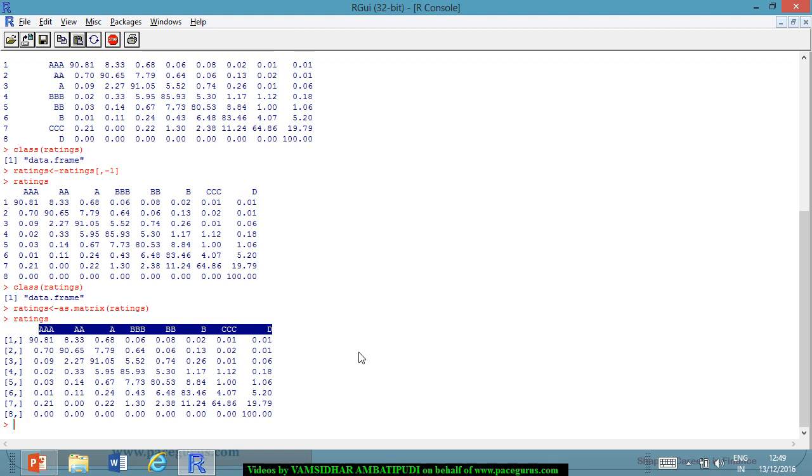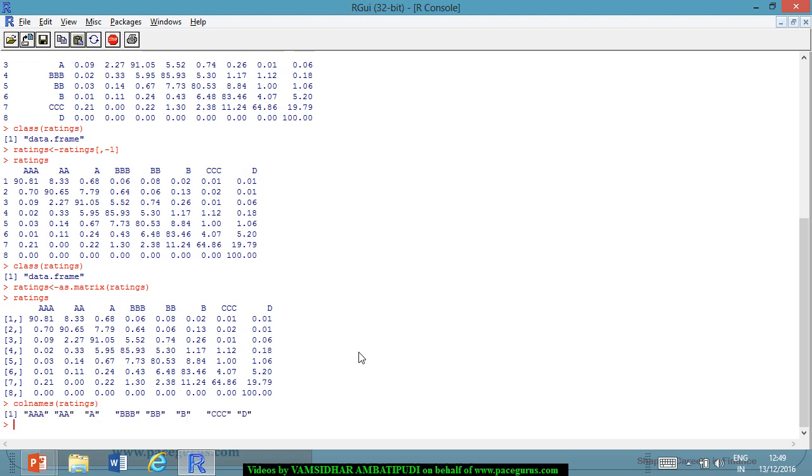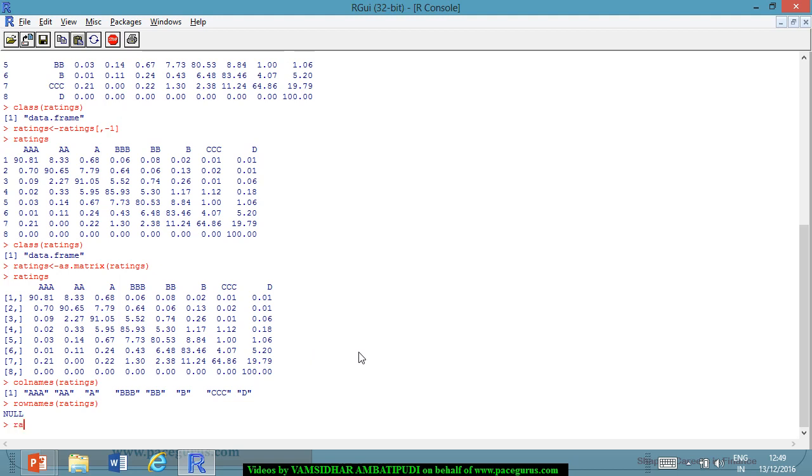So let's call colnames of ratings. So these are the column names. Whereas row names, if I am trying to find out the row names of ratings, right now they are null.